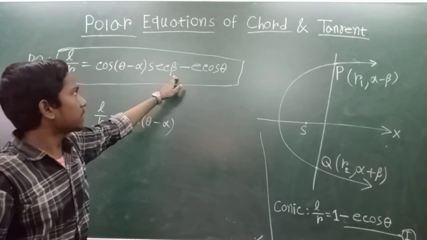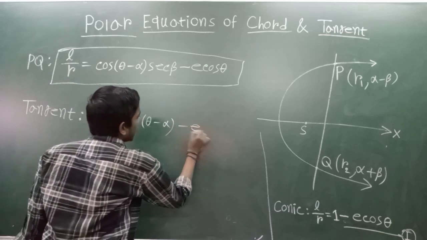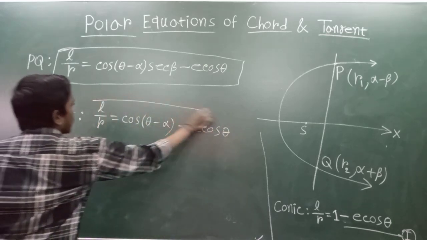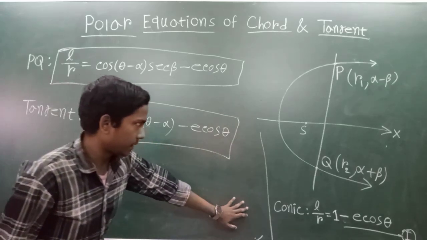So beta is equal to 0, so sec 0 is equal to 1. This minus e cos theta. This is the equation of tangent to the conic: L by R is equal to 1 minus e cos theta.